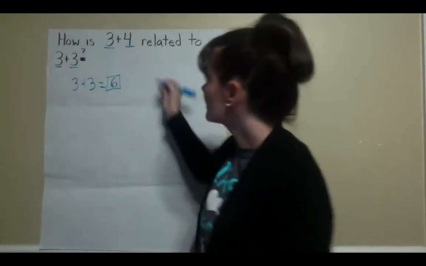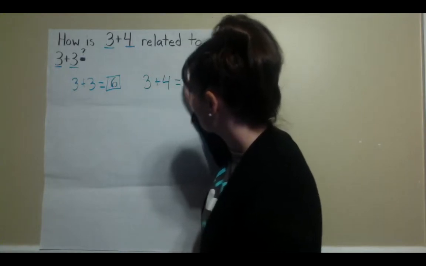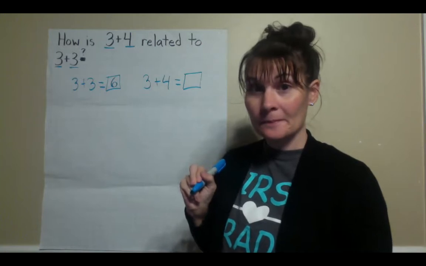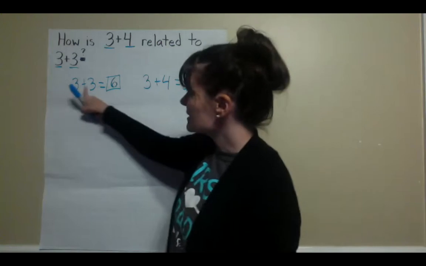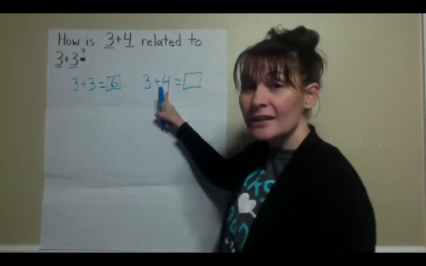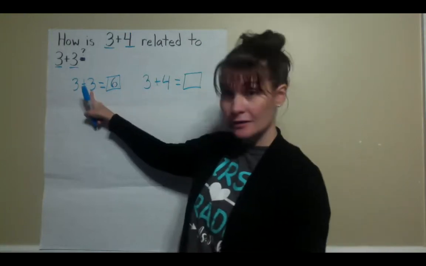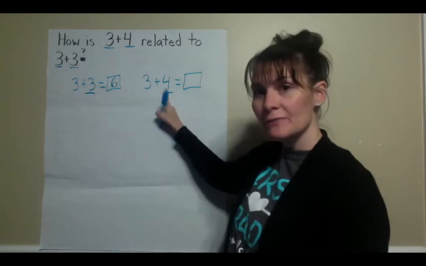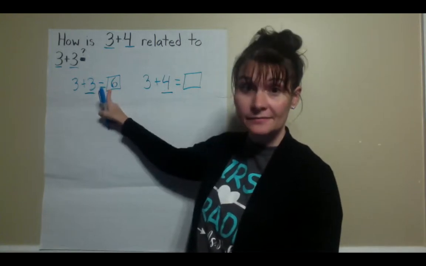So 3 plus 4 equals what? Well, I know that 3 plus 3 is a doubles fact, but 4 is one more than 3. So what would 3 plus 4 be if 3 plus 3 is 6?